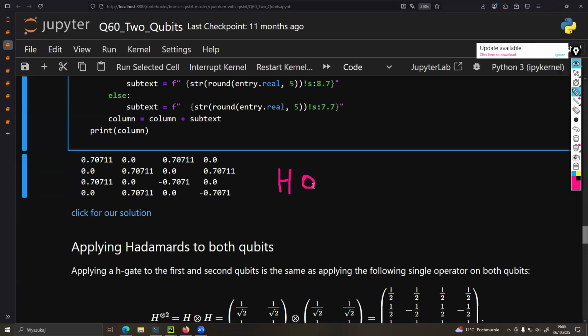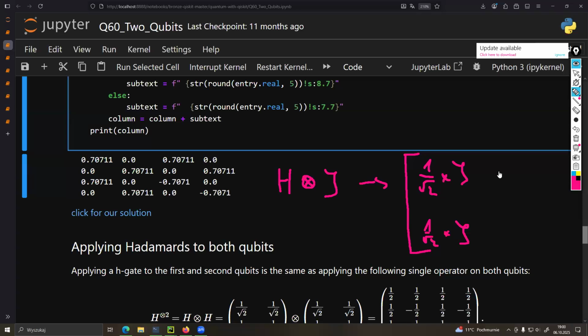So H tensor I, and then we see that we distributed 1 over square root of 2, 1 over square root of 2, and it was multiplied by I. So yeah, there was a tensor multiplication.